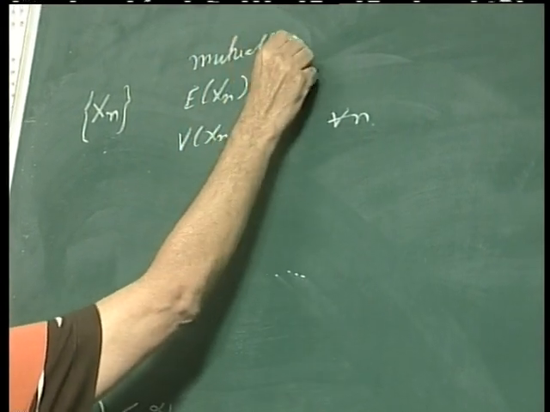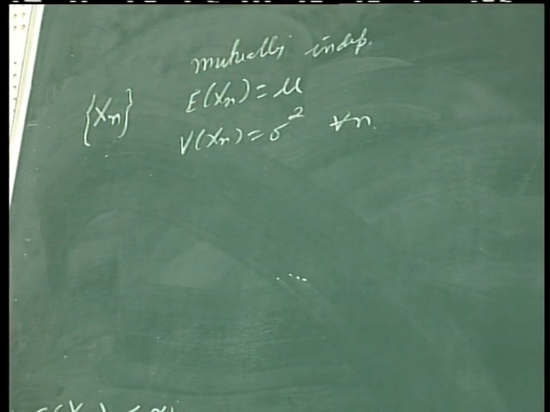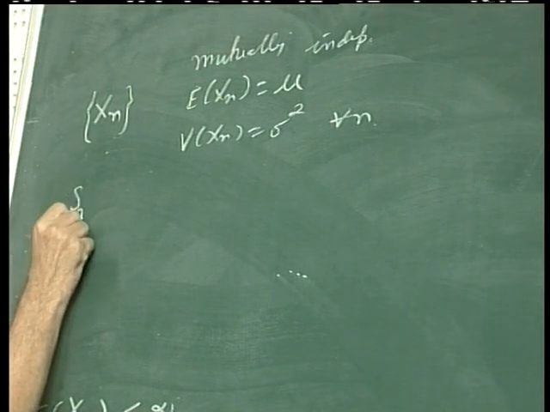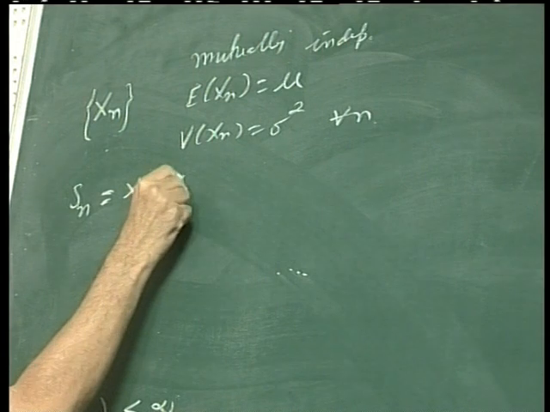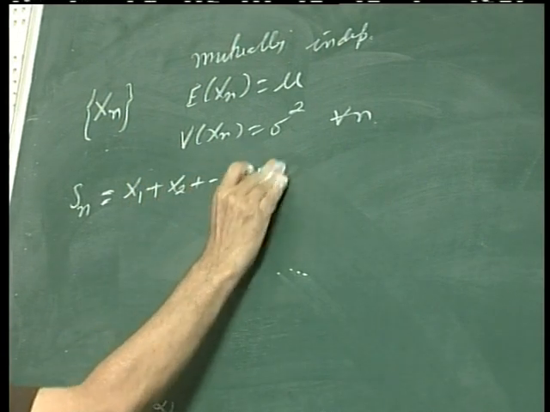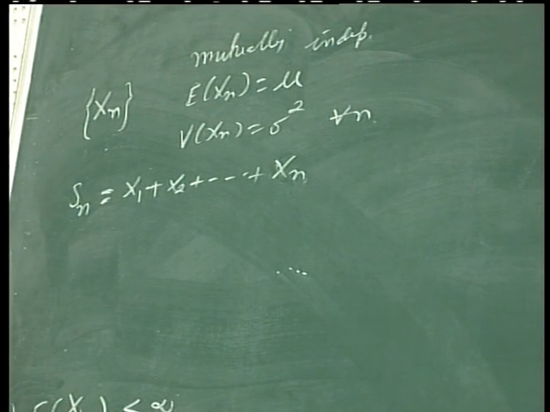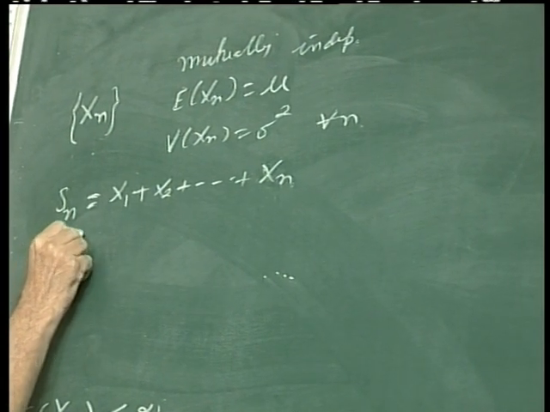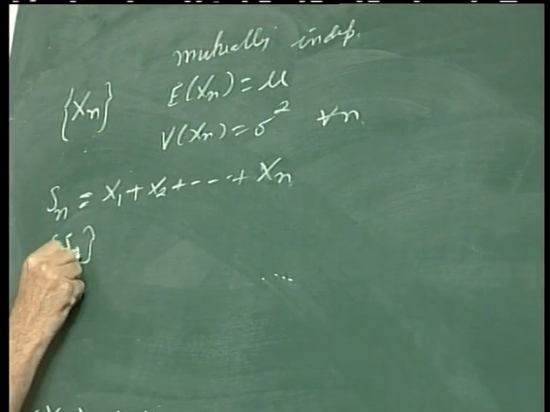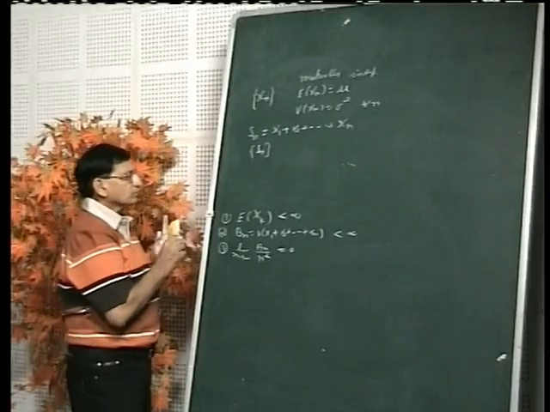All xi's are mutually independent. Now we want to test. Suppose Sn is a partial sum, say x1 plus x2 plus xn, sum of first n variables x1, x2, xn. Now we want to find whether this weak law of large numbers can be applied to sequence Sn or not. That we want to test.